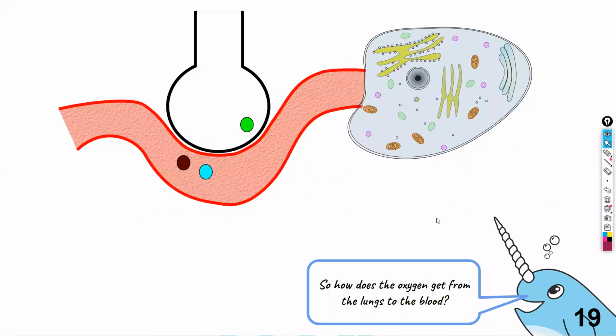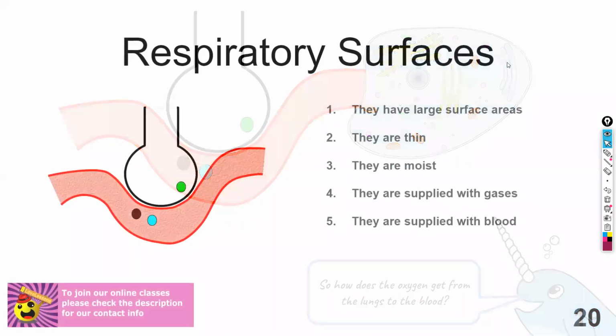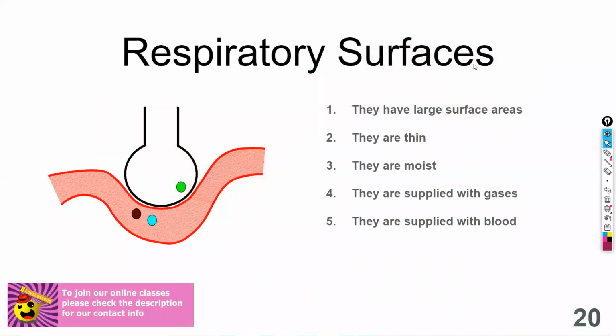So let's take a look at the next slide here. So here's the word, a respiratory surface. And we discussed most of these things already. For something to be classified as a respiratory surface, this goes for almost any living organism, right? Except for plants, right? Talking about animals in general.